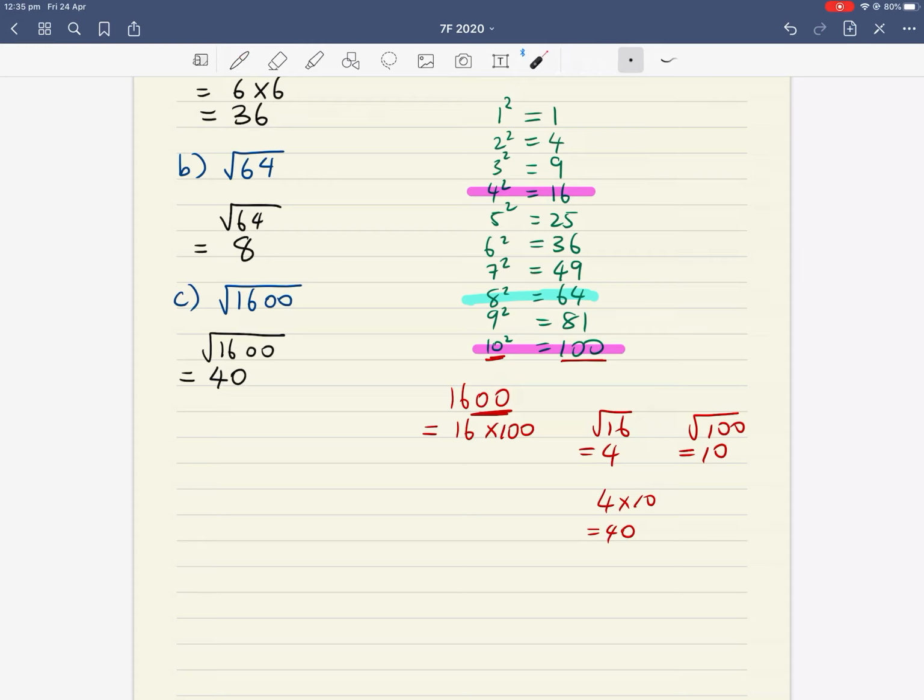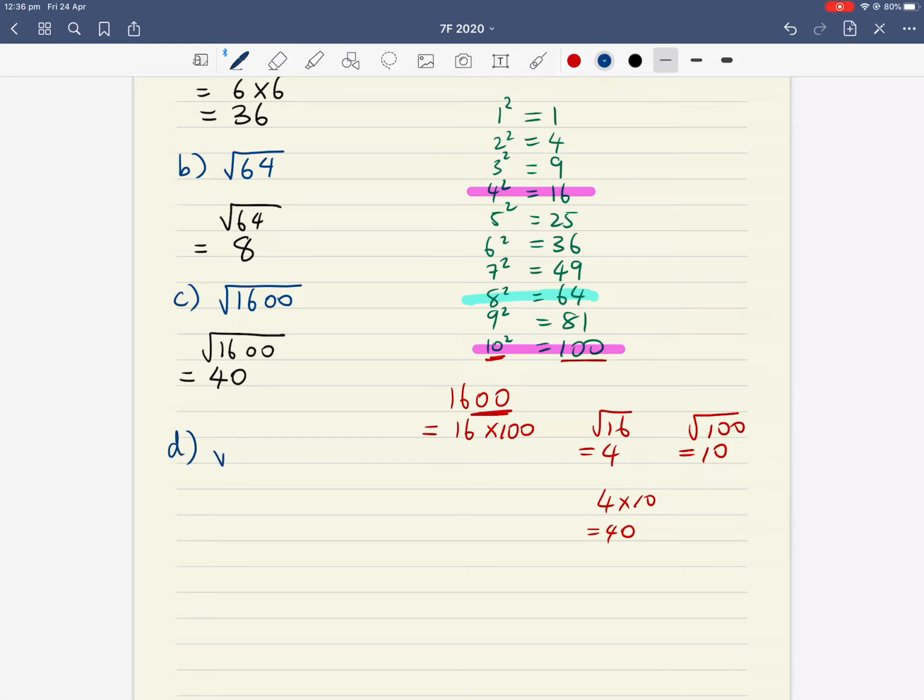So if you have a big number and it ends with 2 zeros, then it's a multiple of 100, and you know the square root of 100 is 10. Well, what times 100 gives you 16 hundreds? Well, 16. Well, what then is the square root of 16? 4. So your final answer is 4 times 10, which gives you 40. So that's the answer there.